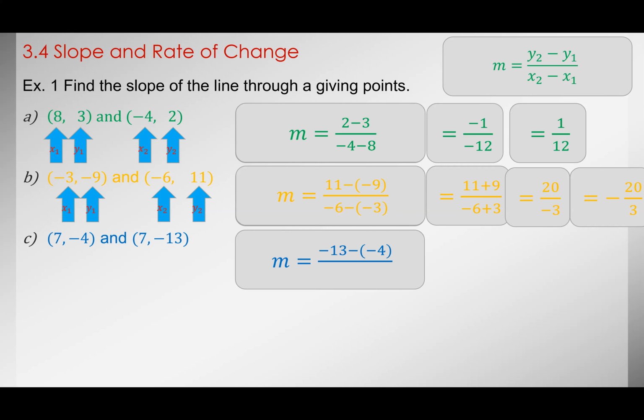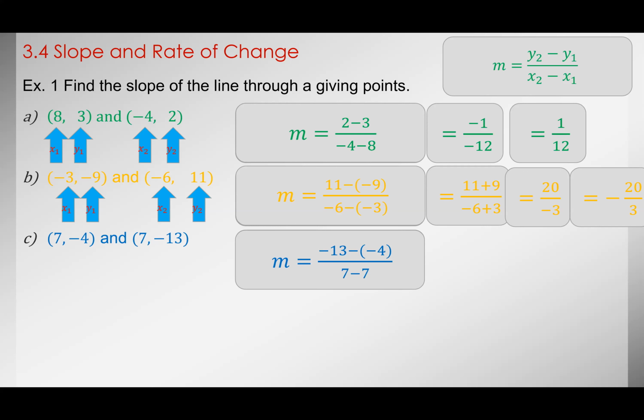Ask yourself, what is the value? The formula is y2 minus y1 divided by x2 minus x1. What is the value of the individual x and the individual y? My x2 will be 7 minus my x1 is 7.